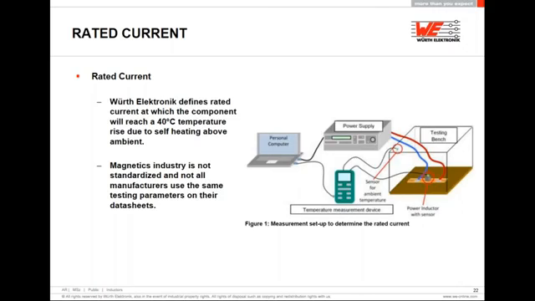We place the inductor with a sensor on a testing bench and power it with, of course, a power supply. We use a temperature sensor device to detect the ambient temperature and the inductor's temperature. All this information is analyzed and saved in a computer.